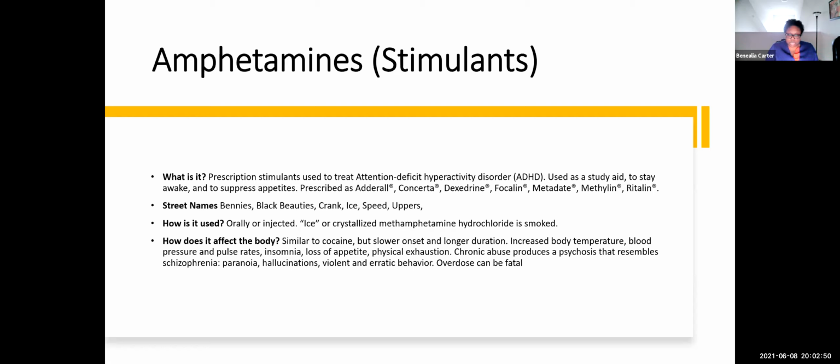So one of the reasons why they call it ice is because ice came about after there was a prevalence of murderers.